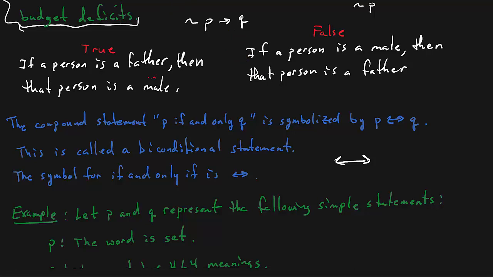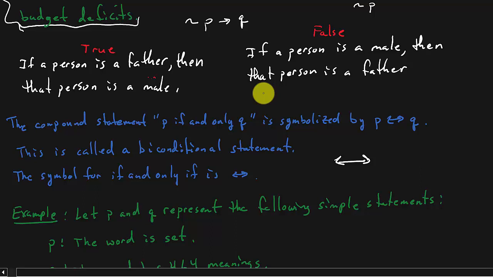So what we can do is, like in that one I just stated, if unmarried male, then bachelor, or if he's a bachelor, then unmarried male, we can combine those. Rather than deal with two separate conditionals, we can combine them into one biconditional statement.